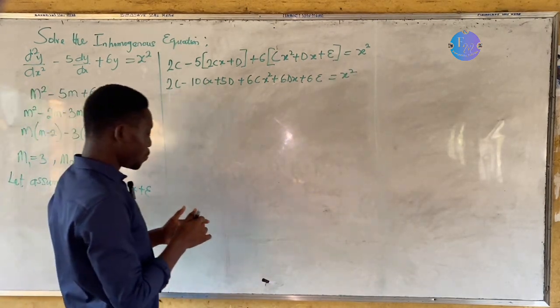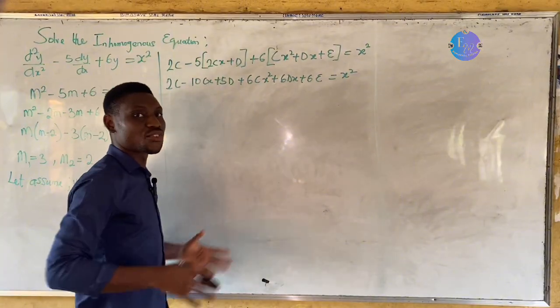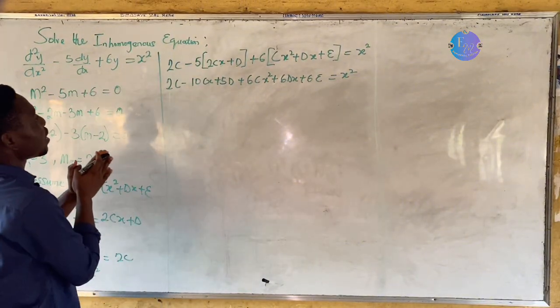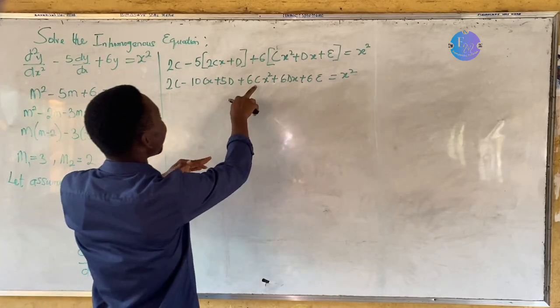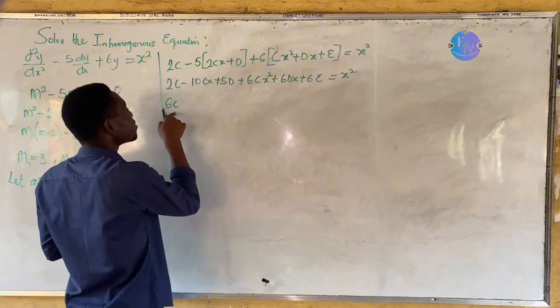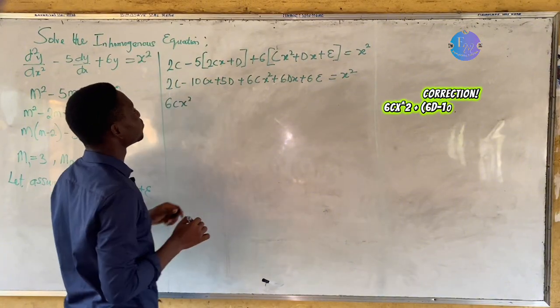Now the next thing to do is to collect like terms. Group the ones that have the same term together. Now let's look at it critically. x squared should stand alone. So we have 6cx squared.